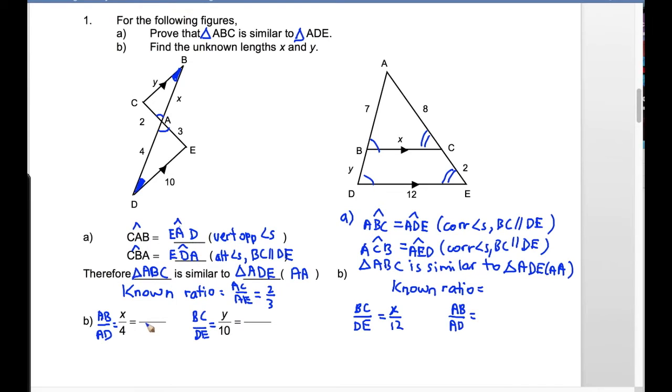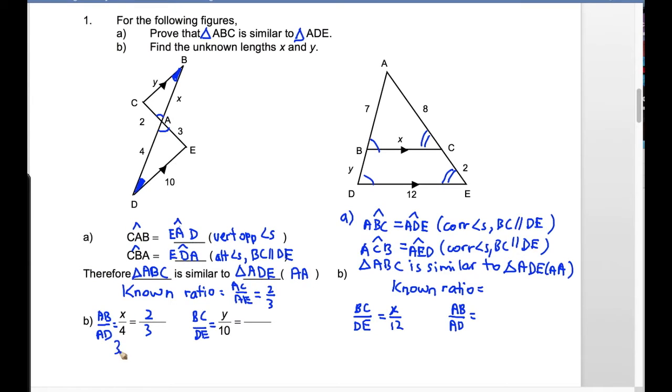In similar triangles, any pair of corresponding sides will give you the same ratio. Therefore, the corresponding sides AB corresponding to AD, which is x over 4, will be equal to the same ratio 2/3.